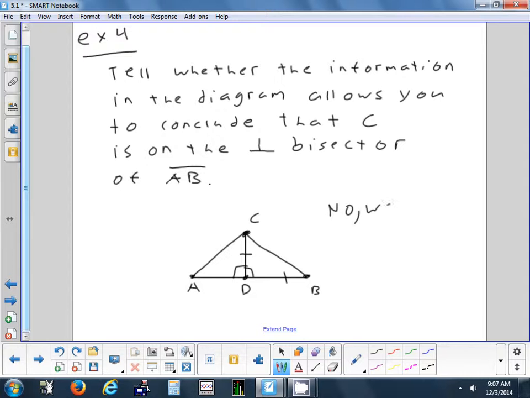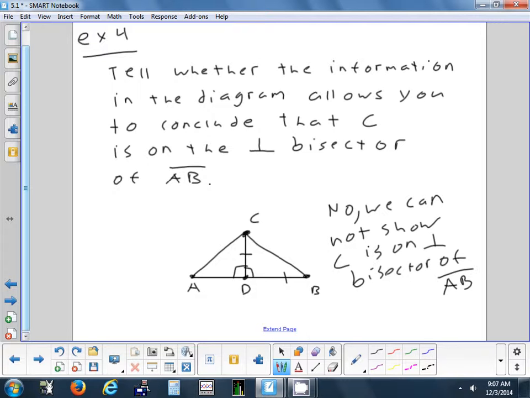So no, we cannot show C is on the perpendicular bisector of AB. Can't do it. Okay, sometimes those are the trickiest types of questions because you look at it, you don't know if you have enough information. But here you don't. There's no way to do it.